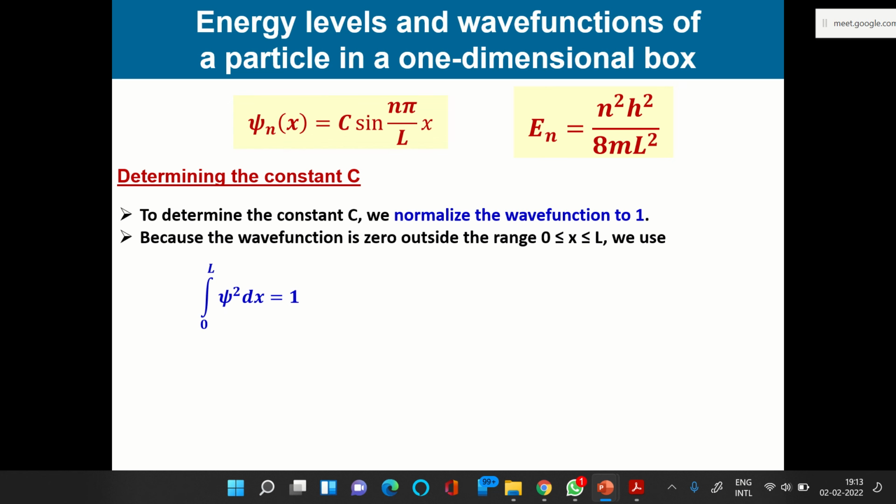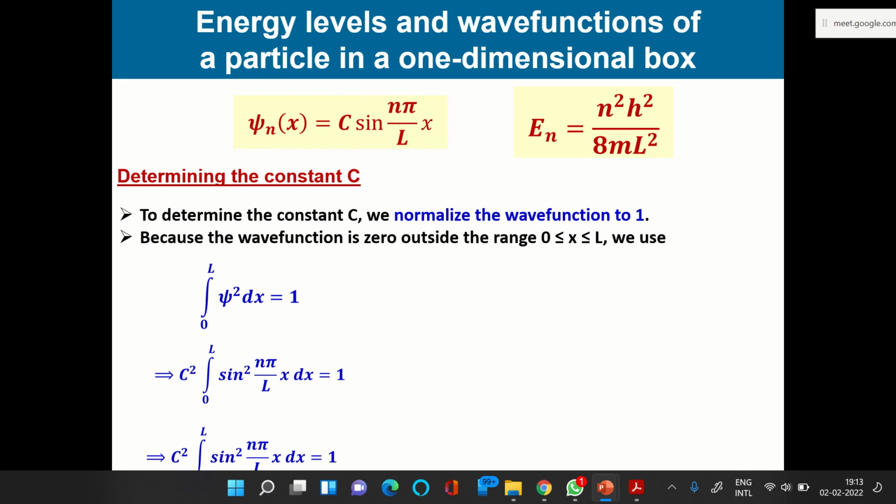So the probability of finding the particle within the box, from 0 to L, should be equal to 1. So you have this function C sine n pi x by L. Square it and write the function.